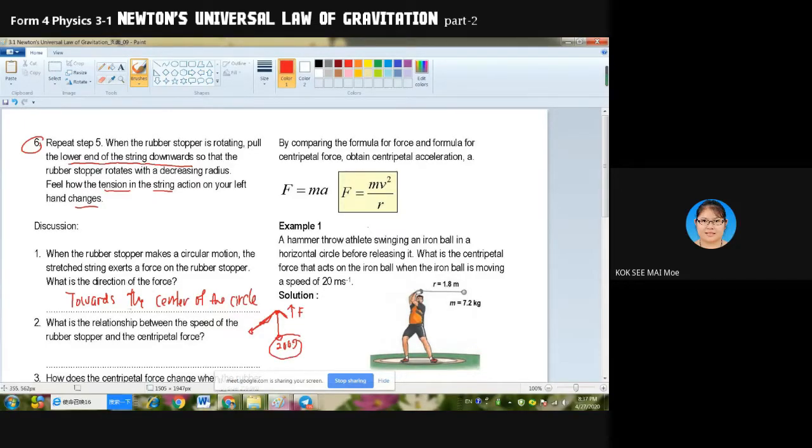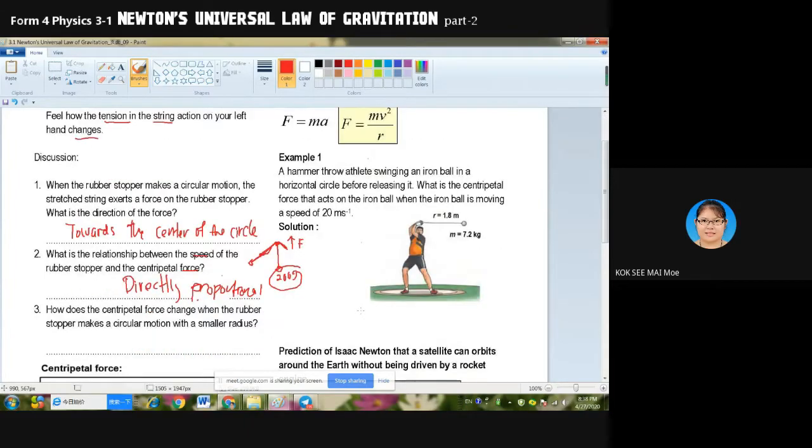So from here I find it fast. That means force and speed relationship is directly proportional. Directly proportional, force and speed.